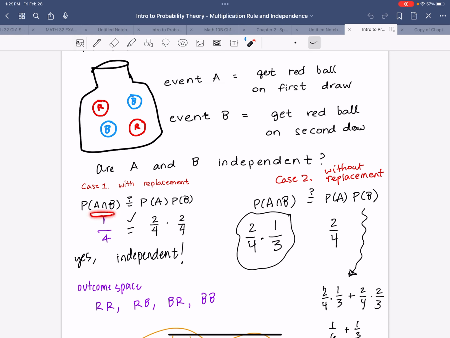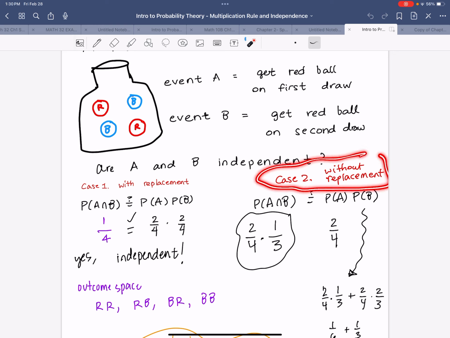So the only way to get a red on the first and a red on the second is this first one, out of the 4 possible outcomes. Totally works. So we get 1/4 on the right, 1/4 on the left. Our conclusion was yes, the events are independent when you replace after the first draw.